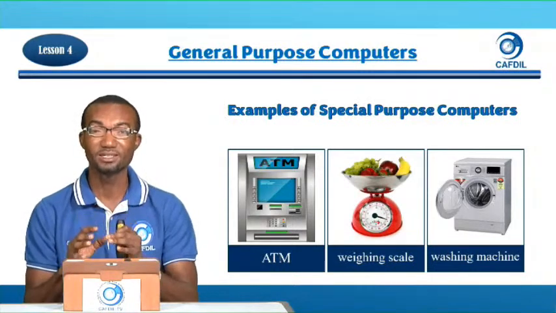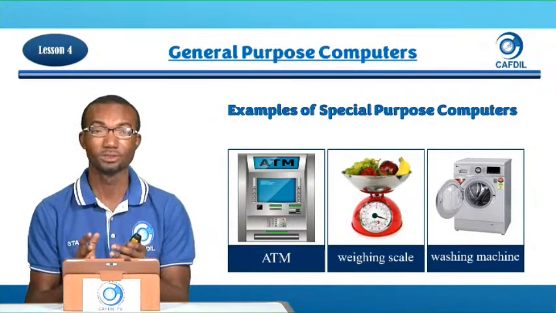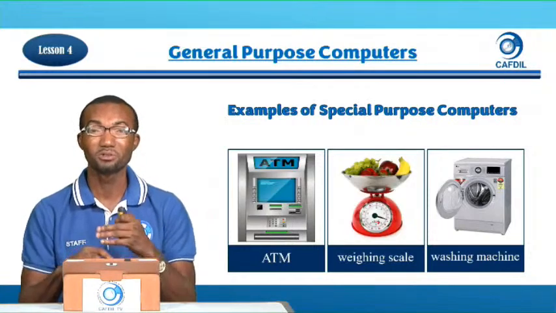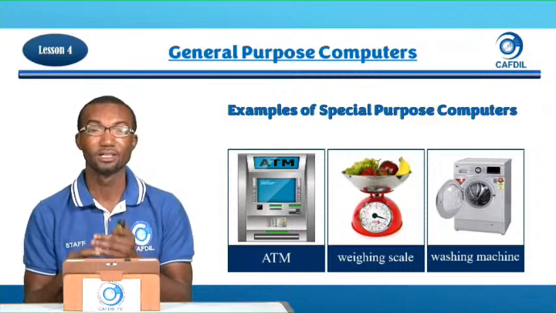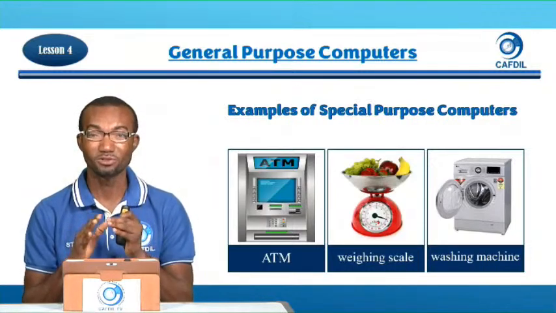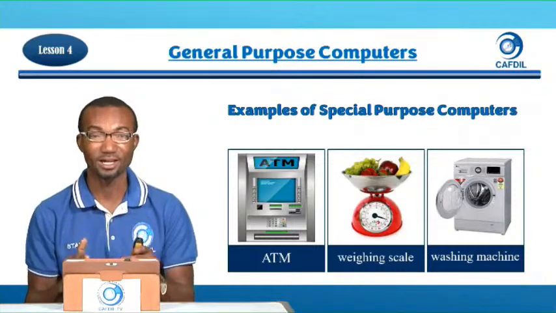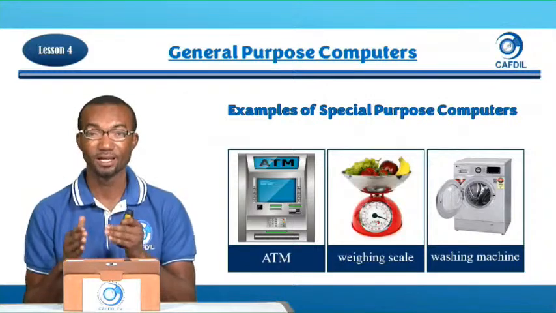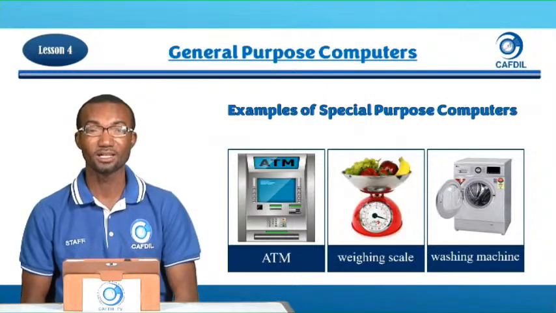So this machine deals with clothes. Apart from clothes, you cannot use it to cook. You cannot use it to boil water. It only deals with clothes. And apart from clothes, you cannot use this machine for any other thing. So automated teller machine, weighing scale, and washing machine fall under special purpose computers.